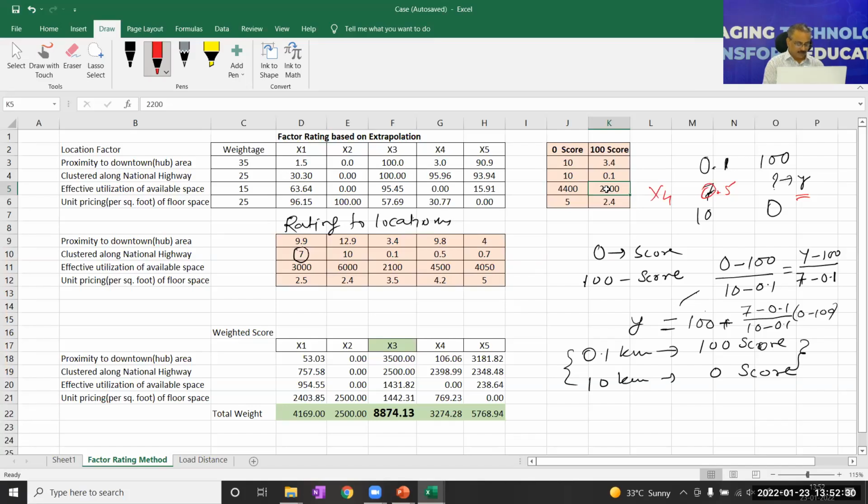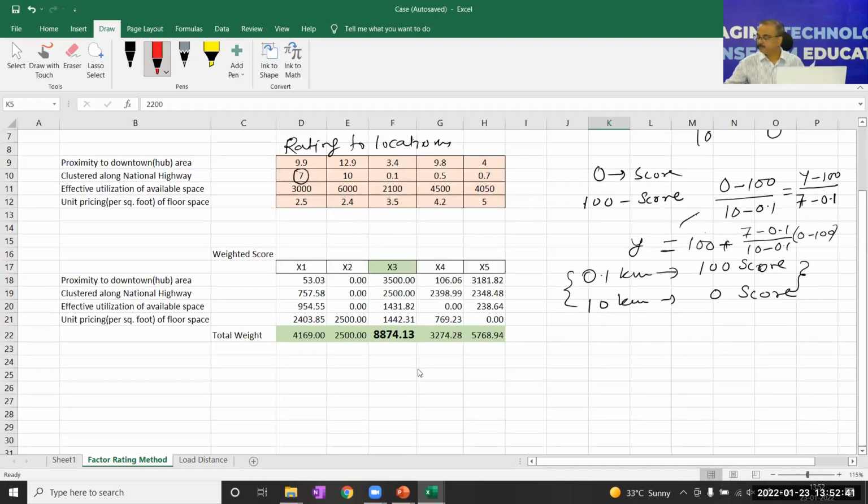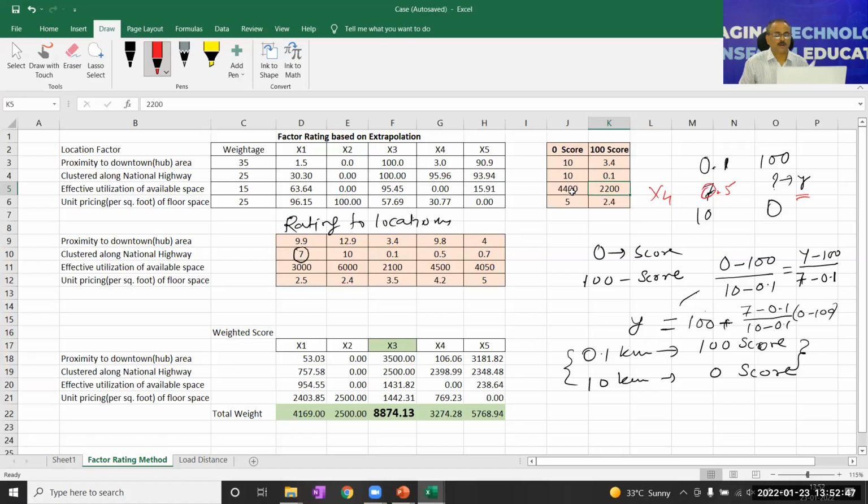So if you go to exhibit 6, how much is the area for... Is this clear, how we have taken the score of 0 and 100 for the space utilization criteria?